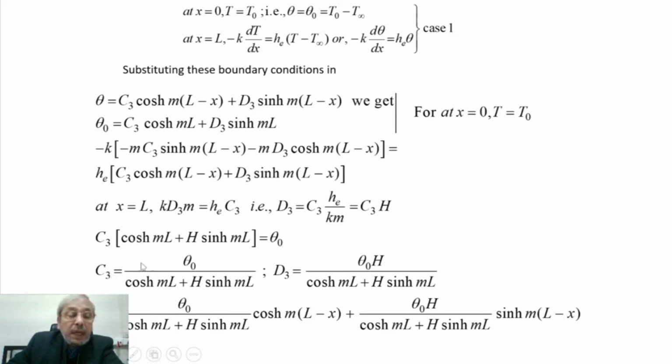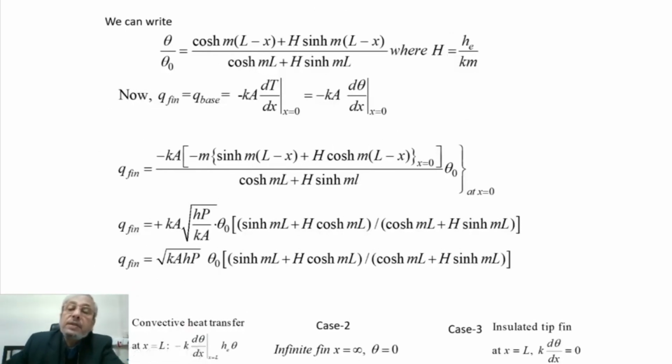From where we get a clear expression for C3, theta naught divided by cosh mL plus H sinh mL, and D3 is whatever is C3 into H. So theta equal to C3 cosh m(L minus x) plus D3 sinh m(L minus x). That is the complete solution.